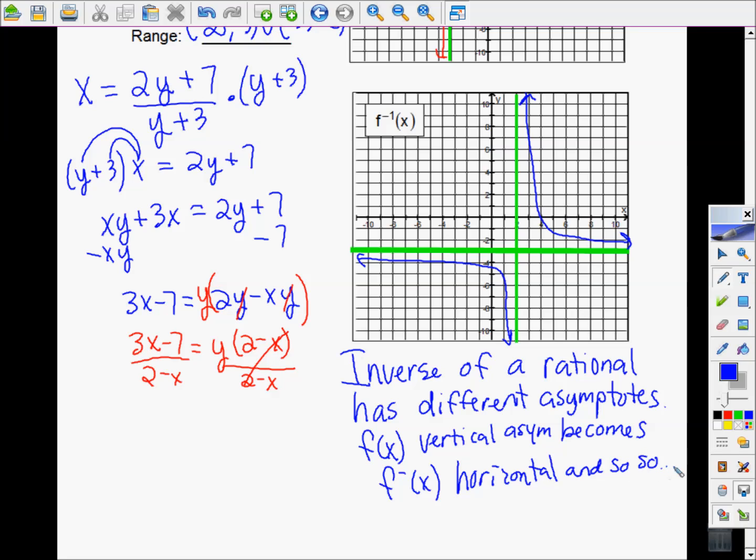All right, so the inverse of a rational has different asymptotes. F of x vertical asymptote becomes the inverse horizontal asymptote, and therefore f of x horizontal asymptote becomes f of x's vertical asymptote.